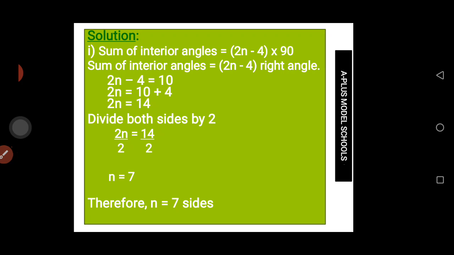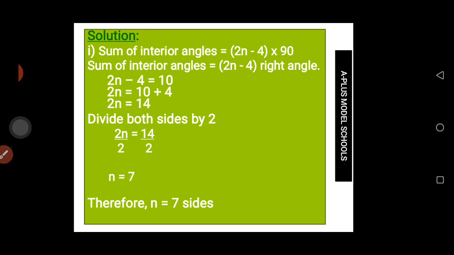The first one is the sum of interior angles in that polygon. So here we are given right angles. We are not given the number of sides. Since we are not given the number of sides, we can use the right angles formula, which is the second formula given to us when we are dealing with the sum of interior angles.